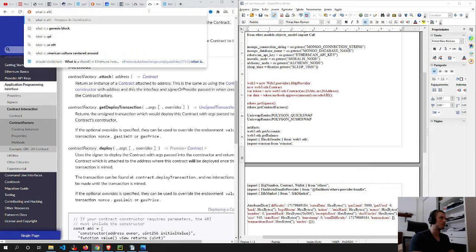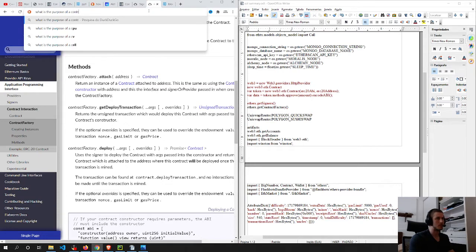What is the purpose of a contract factory?